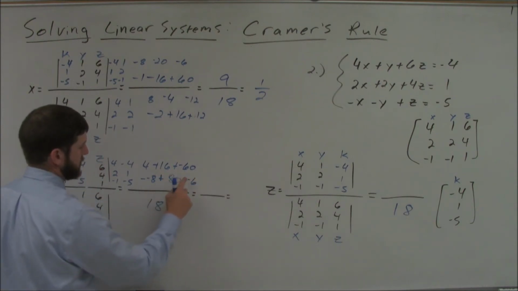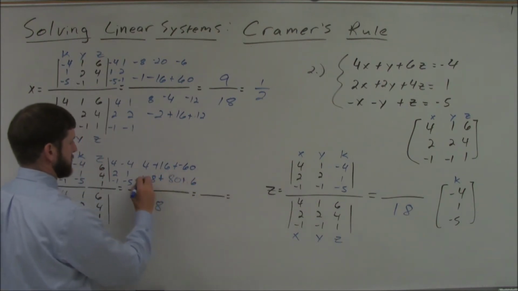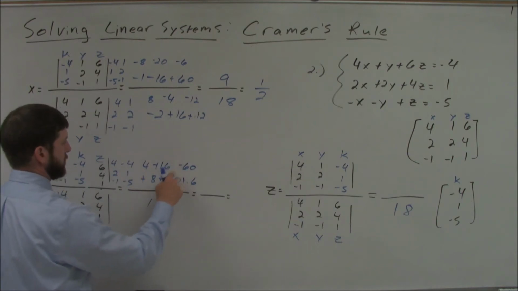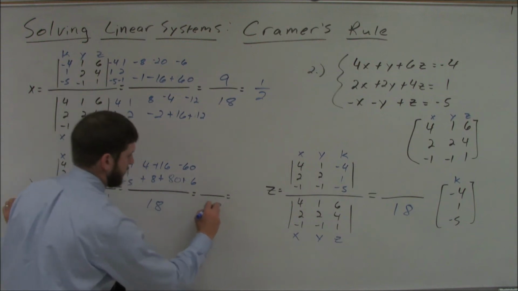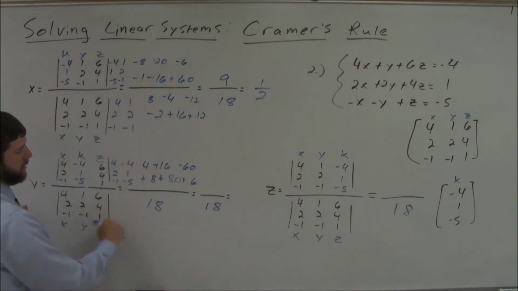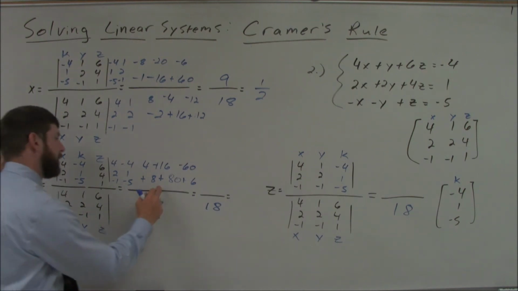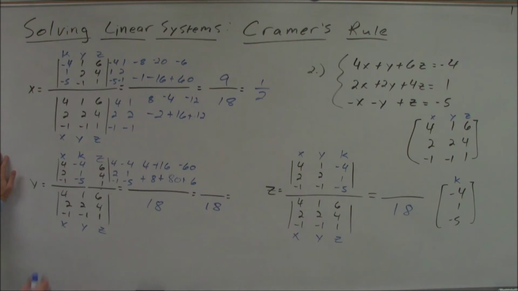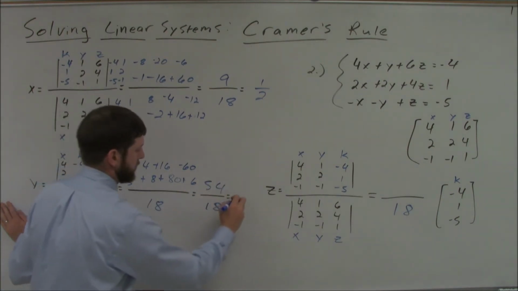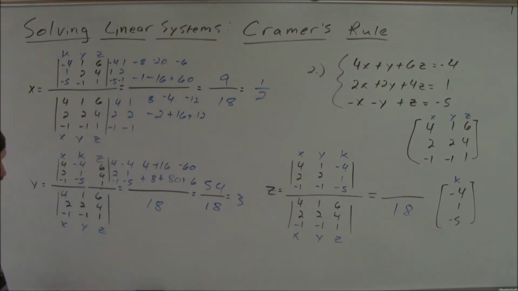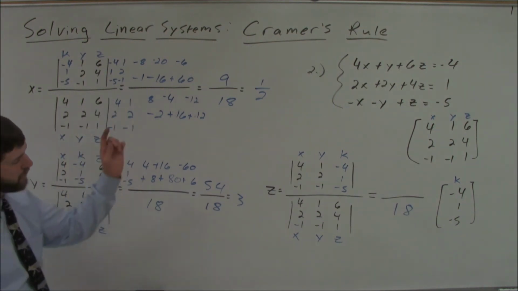That'll become a plus, a plus, a plus, and a minus. So we combine all that together, it's going to be over 18, 114 minus 60 is 54. And 54 over 18 is 3. So y value is 3.